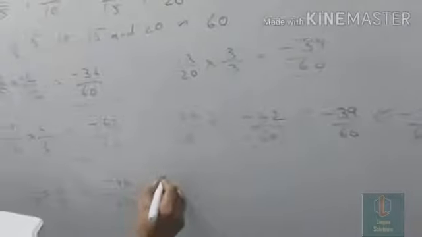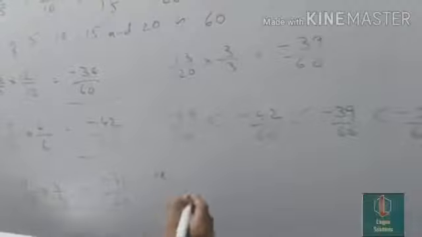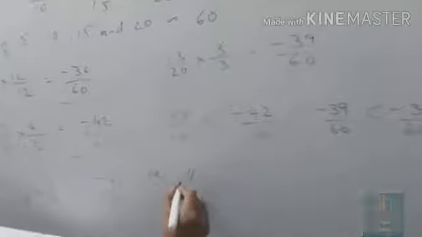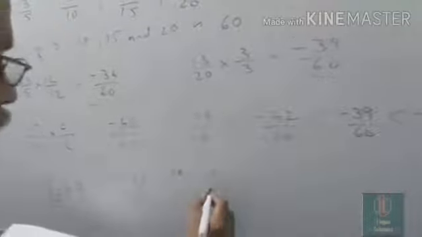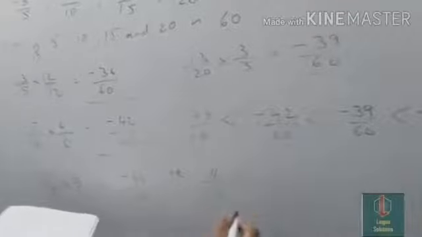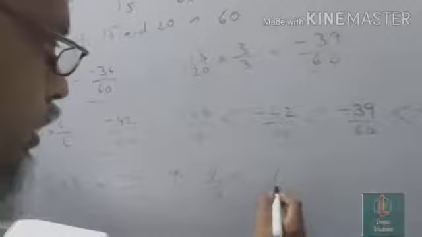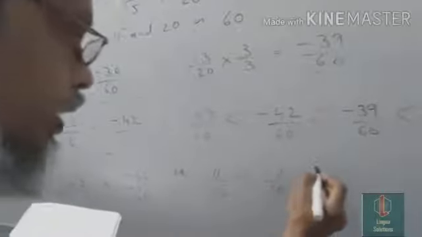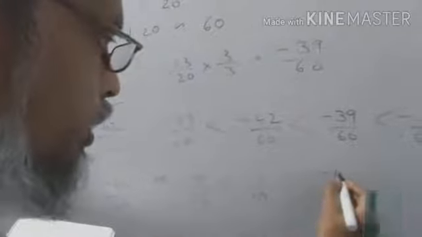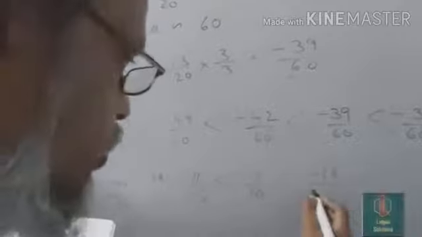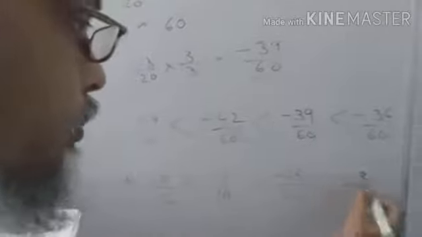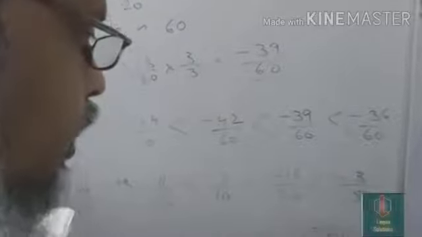That is, minus 11 by 15 is less than minus 7 by 10 is less than minus 13 by 20 is less than minus 3 by 5. This is the answer.